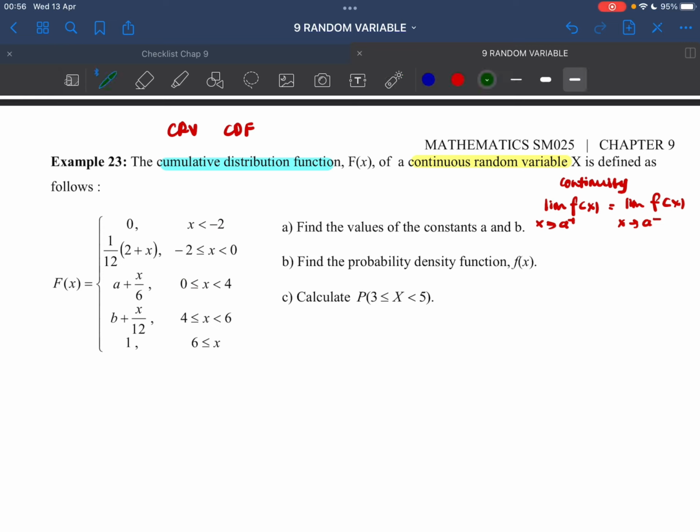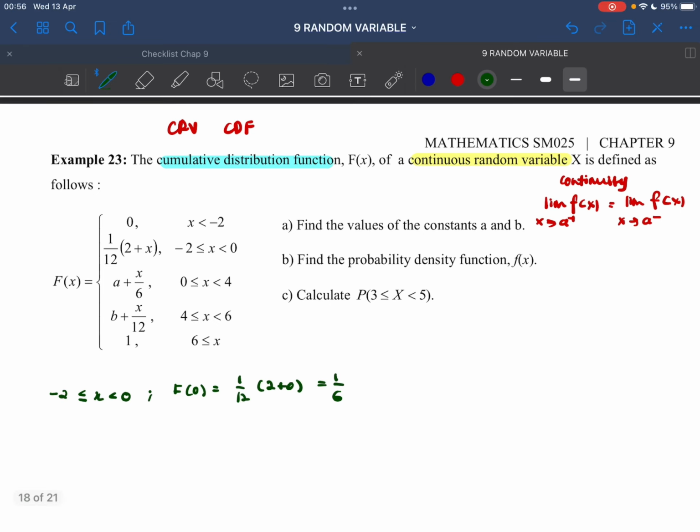Let's see. For the range x between -2 and 0, we have the function 1 over 12 times (2 plus x). We substitute 0 into that function. You should get 2 plus 0 here, supposedly 1 over 6. Now for the range x between 0 and 4, we have f(0) equals a plus x over 6.